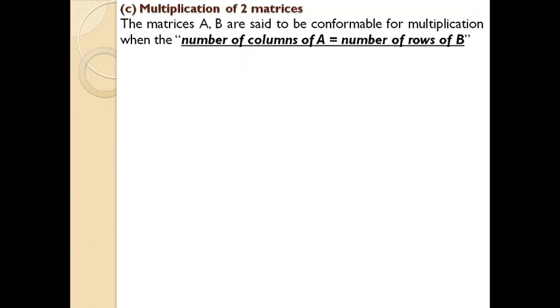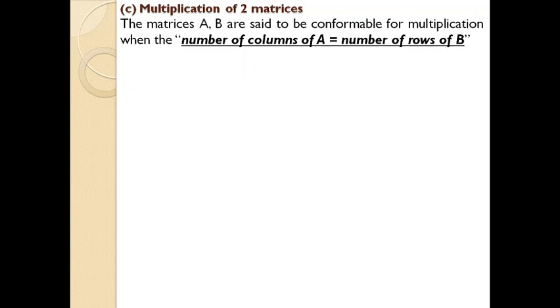You have to remember this concept because sometimes you may come across a question where you are given two matrices and asked whether you can multiply them or not. So before you go directly into computation, make sure the number of columns of the first matrix is equal to the number of rows of the second matrix.